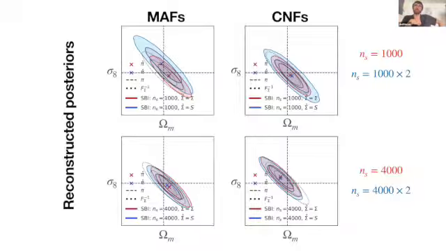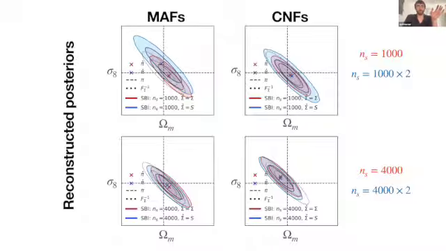The blue contours in every plot are when you don't know your covariance, and the red contours are when you do know your data covariance. In the top row, you can see significant posterior inflation in both of these cases, regardless of the algorithm we use to fit the likelihood. And in the bottom row, you see the posteriors are recovering approximately the same posterior widths, and this is very close to the true posterior widths given the high number of simulations here.